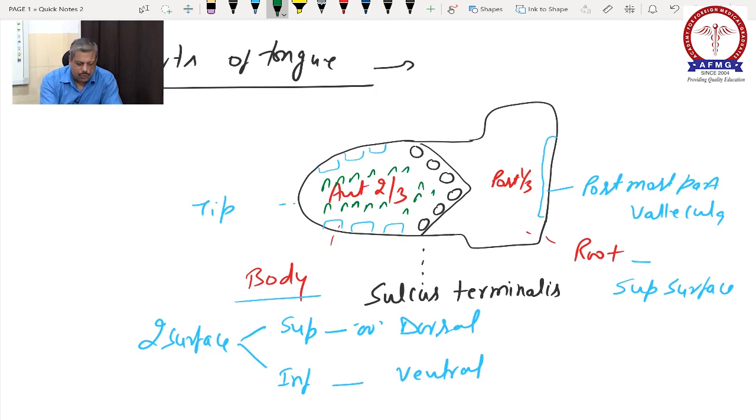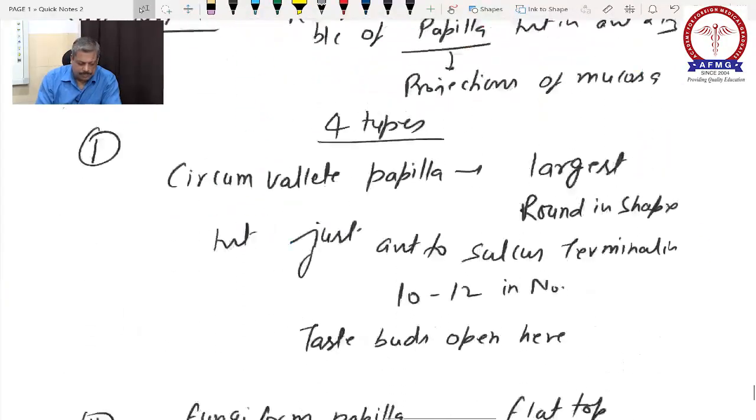The last papilla is the foliate papilla. This is the foliate papilla, the fourth type of papilla.